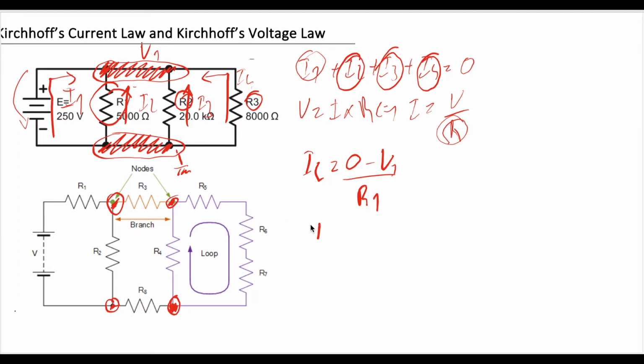And you know that I3 is equal to 0 minus V1 divided by R2, and you know that I4 is equal to 0 minus V1 divided by R3.